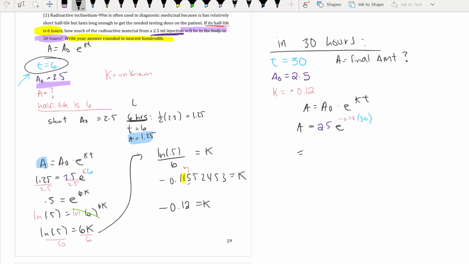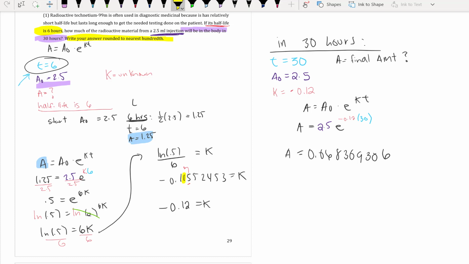So I can just plug all of this into my calculator. I have 2.5 being multiplied by e to the negative 0.12 times 30, and that is going to give me that A is equal to 0.068309306. So this is how much is going to be left in your body.